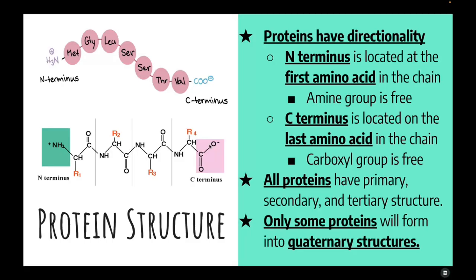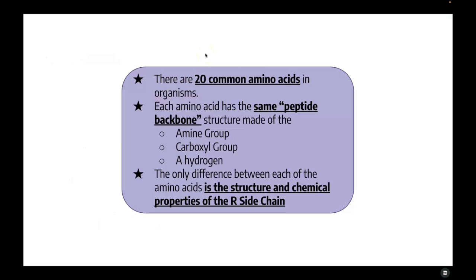The directionality is important because proteins are built, like I mentioned, from N terminus to C terminus. So this matches how DNA is replicated from 5' to 3' end. And so eventually, if there's a change to any of these, then it's going to affect the way the protein folds and functions.